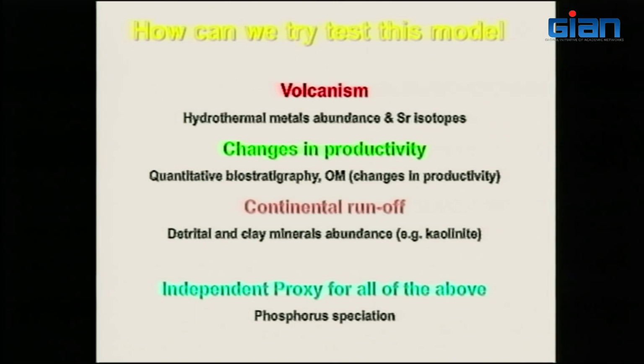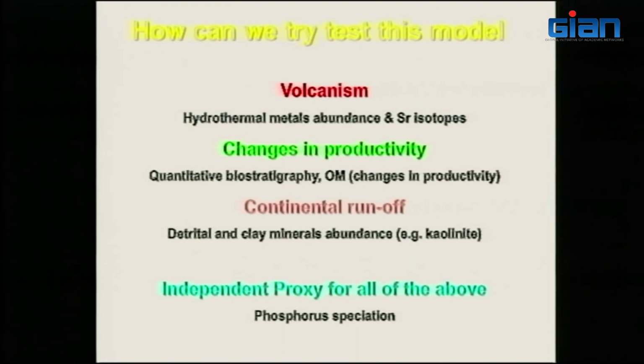Change in productivity, well, you can do quantitative biostratigraphy. You can count the foraminifera, the nanofossils, and see how the families are evolving quantitatively, because they have different paleobiology, paleoecology. So we can measure the organic matter, the change in productivity.